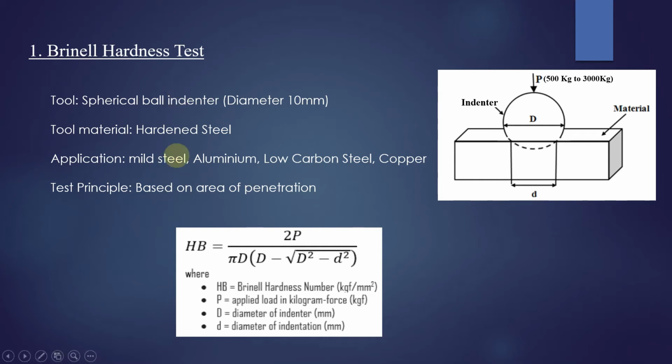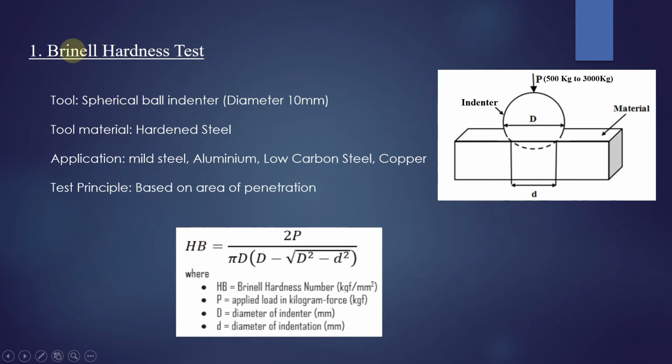Okay, and we designate the Brinell hardness number as HB, and its formula is 2P divided by pi D into D minus root of D square minus small d square. Okay, so with the help of this they determine the Brinell hardness value, right?